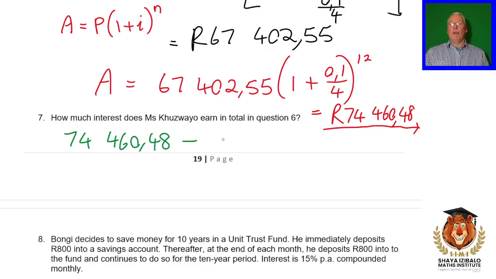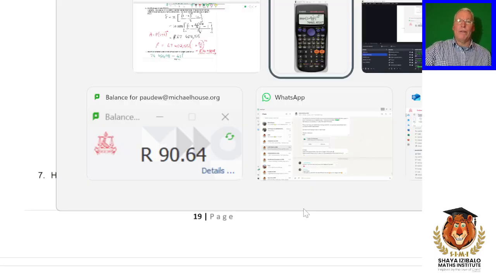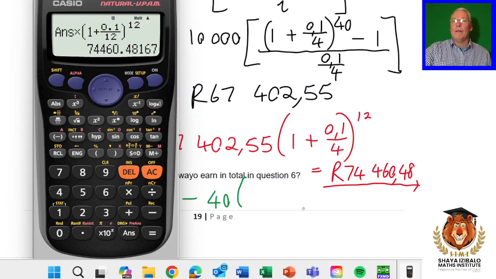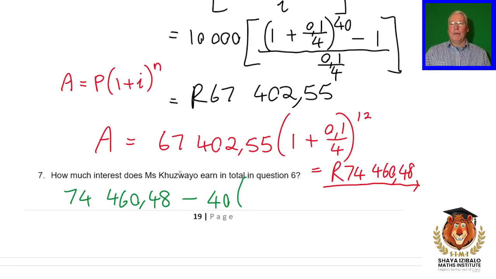And the amounts that she put in, well, she made 40 payments of 10,000 Rand. I'm just worried that this is, no, that could be correct.